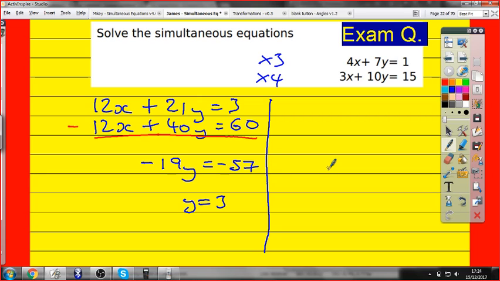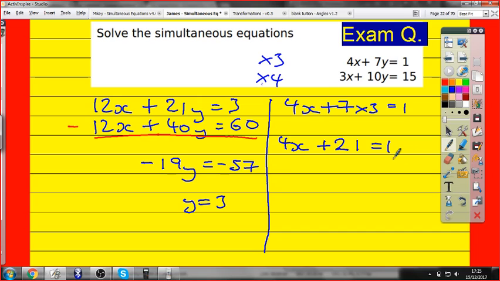So then it would be 7y times 3 is 21y. Add 4x equals 1. So 4x add 21 equals 1. Mm-hmm.